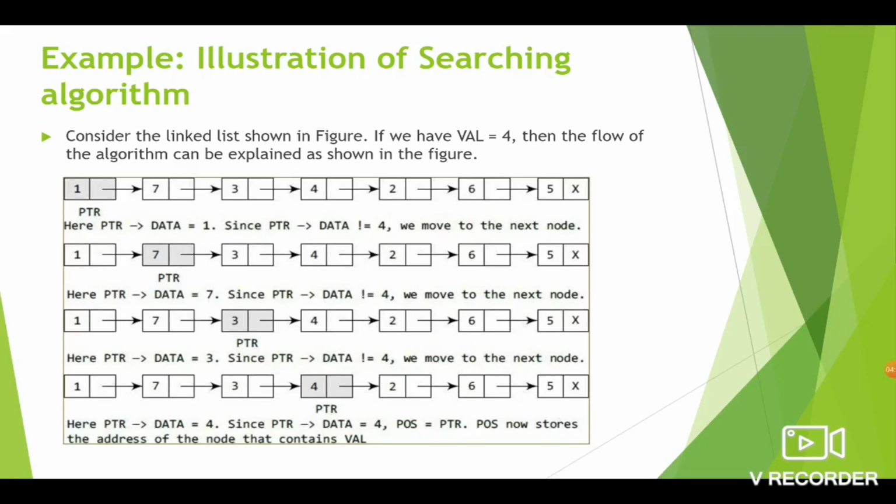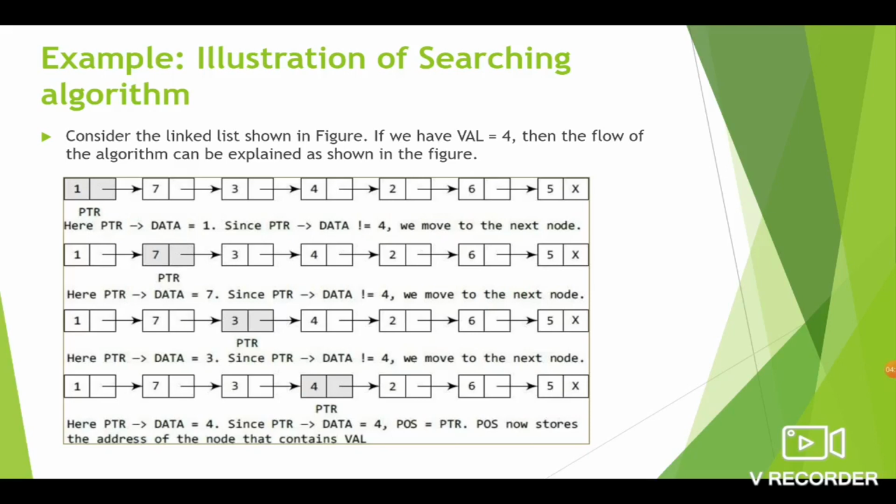If they are not equal, we have to move to the next node, and we compare the second node data 7 with the value 4. Here also they are not equal, so we move to the third node. My third node data is 3 and my searching value is 4.